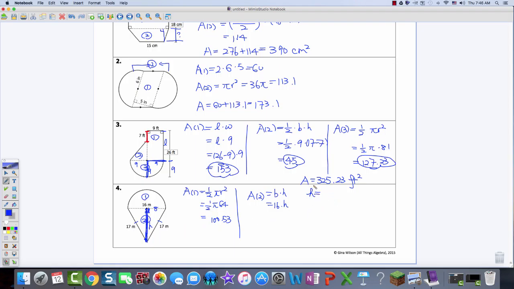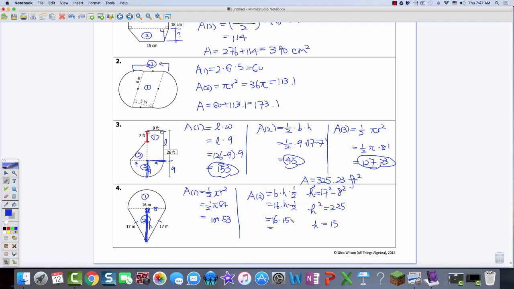So h squared should be 17 squared, which is the hypotenuse, minus 8 squared. So h squared comes out to be 225. If I take a square root, I would have 15. So now I go back to this and plug it in. And voila. Oops. Ooh, be careful. I have to divide it by half.